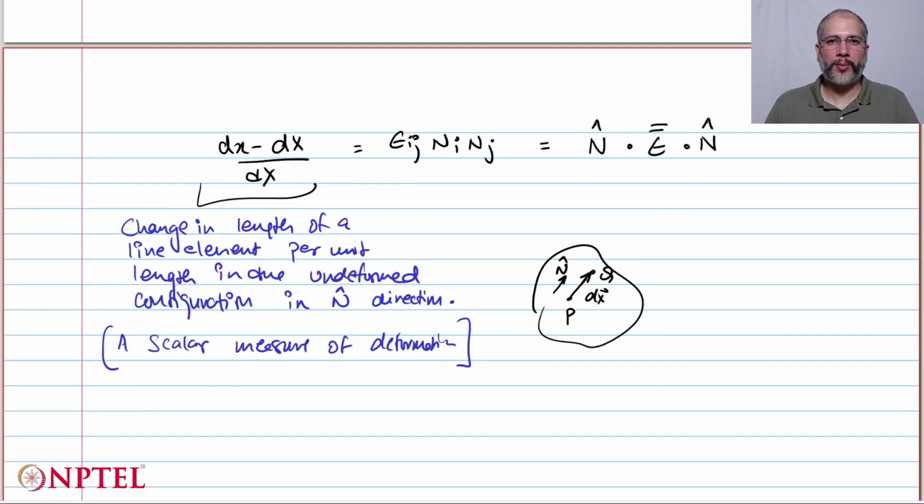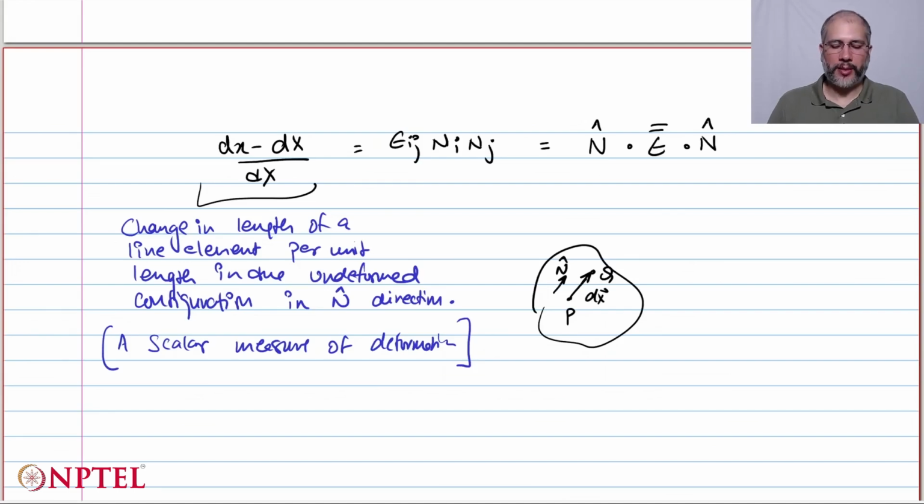So we have a point P where we're defining the strain tensor, or in the neighborhood of which we're interested to quantify deformation. And then we find a point Q by taking an n hat direction, and once we have that element in the n hat direction, we quantify the ratio of the change in length of that element due to deformation upon the initial length of that element.